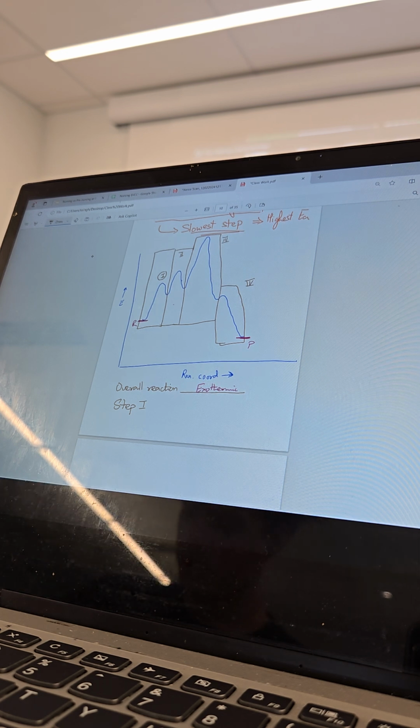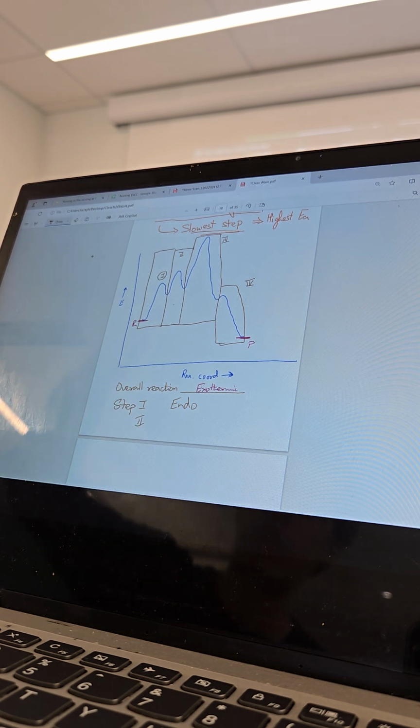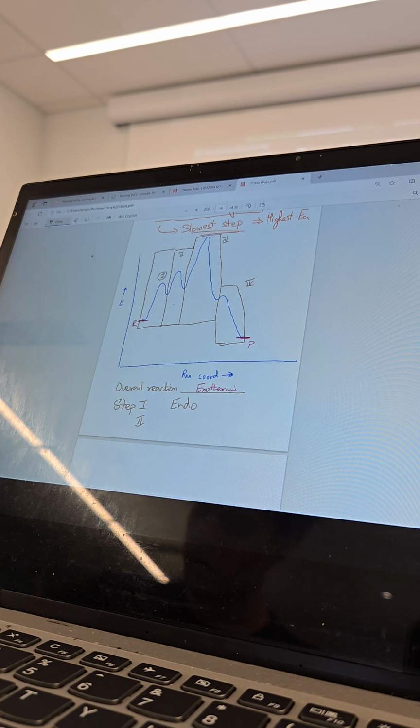You're looking at step 1, R going to intermediate 1. That's step 1, and absolutely that is endothermic. How do you know? Because it's rising, it's going up. Oh, okay. Gotcha. How about step 2? Also endothermic. How about step 3? Exothermic. How about step 4?